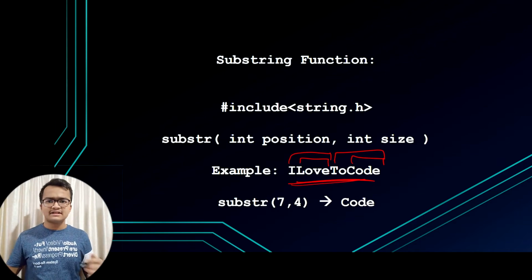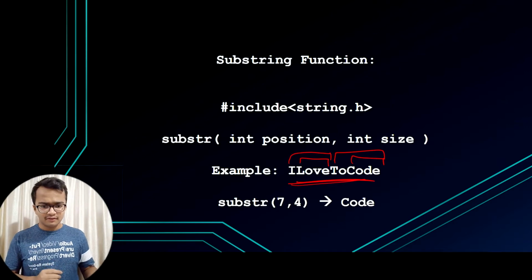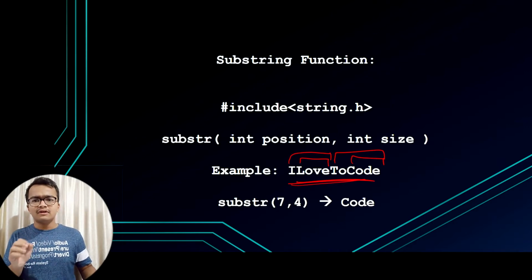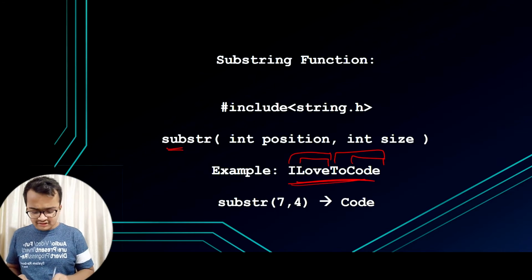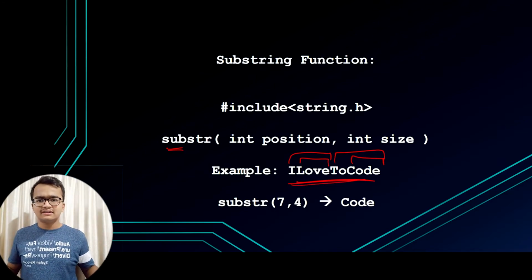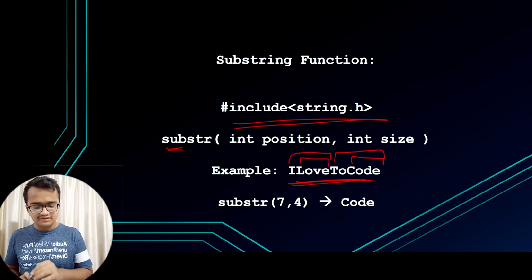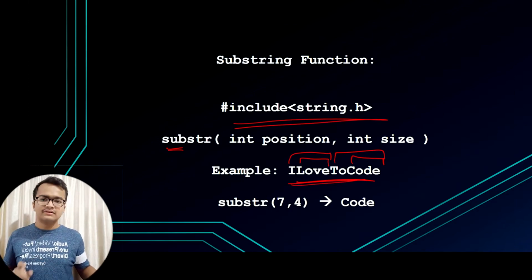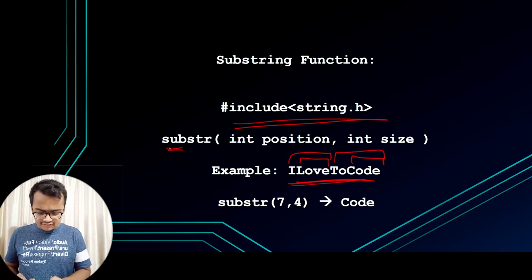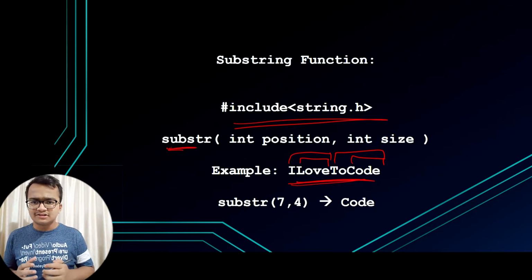Clear? A substring is a part of a big string. Just like a subarray is a part of a big array, similarly a substring is a part of a big string. Now let's come to the substring function. The substr function is present in the string class, so you need to include the header file string.h for using this. The substring function allows us to generate a substring of a given string.